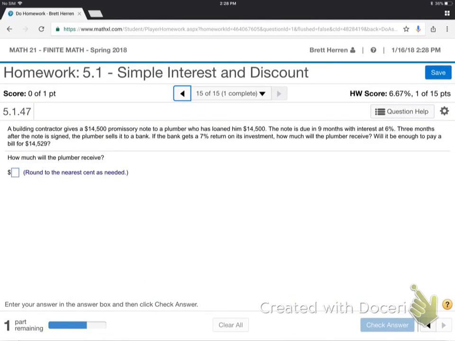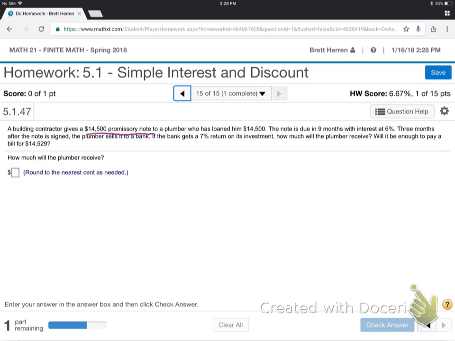Okay. A building contractor gives a $14,500 promissory note to a plumber who has loaned him $14,500. The note is due in 9 months, so the contractor gives that to the plumber.